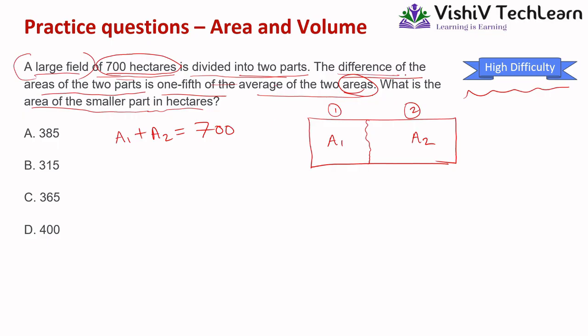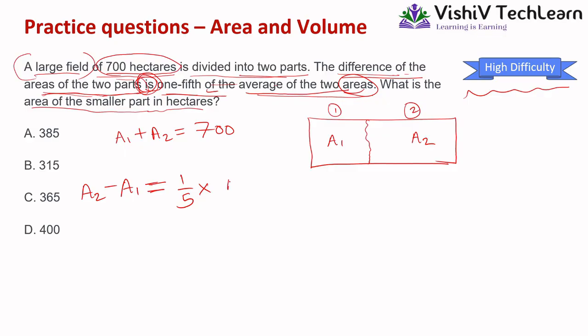And second condition is given, difference of the areas of two parts. Now A2 is larger, so let's consider this as first, and then A1, A2 minus A1. This difference of the areas of two parts is equal to, we will consider 1/5 multiplication, the average of two areas.